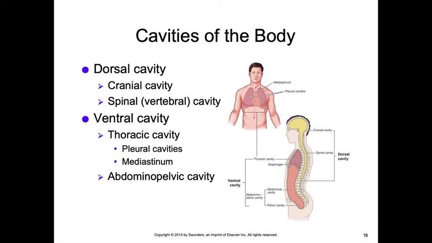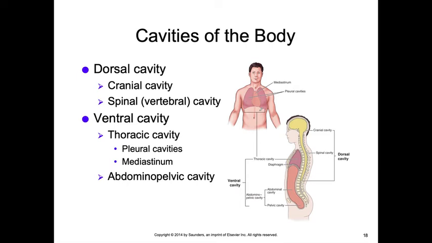The thoracic, pleural, pericardial, and abdominal pelvic cavities are all coated with a type of tissue called a serous membrane that wraps both around the organs and around the chamber that the organ sits in, and it produces a lubricating fluid so that as the organs move, they don't rub against each other and damage each other due to friction.